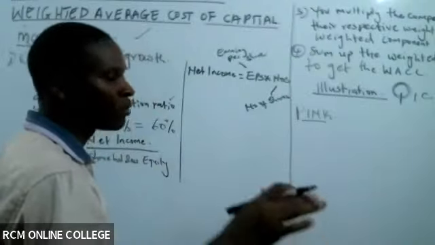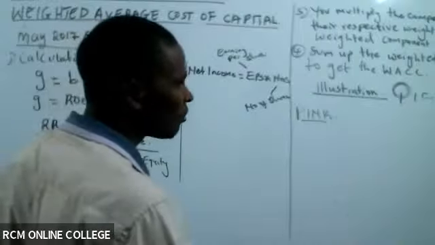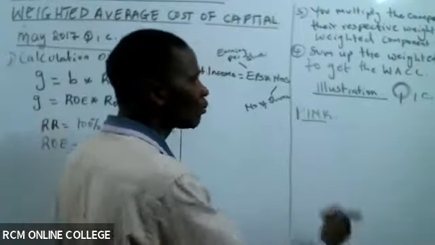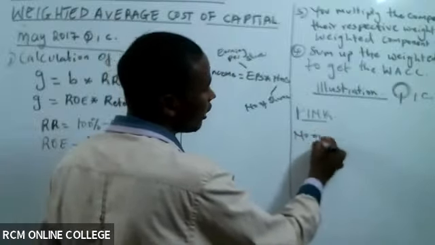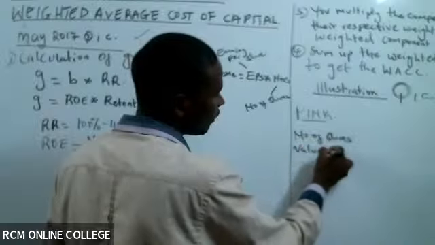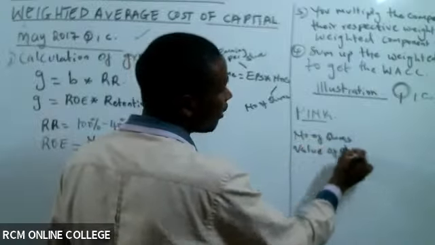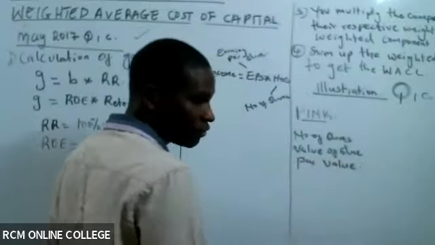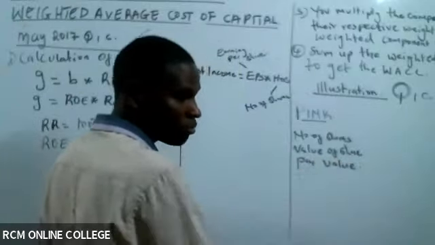Nyinyi mnajua because I told you kuna vitu tatu niliwaambia kwamba you cannot go to FR class ama FM class bila kujua number of share, value of share, and par value. If you remember this, you are safe. If you don't remember this, there is a problem.